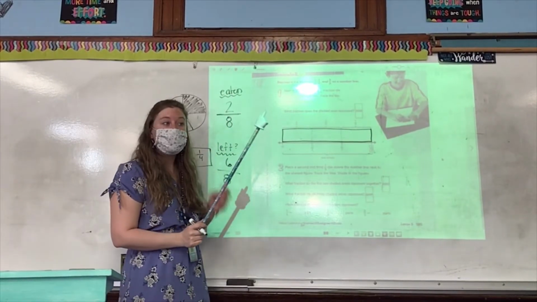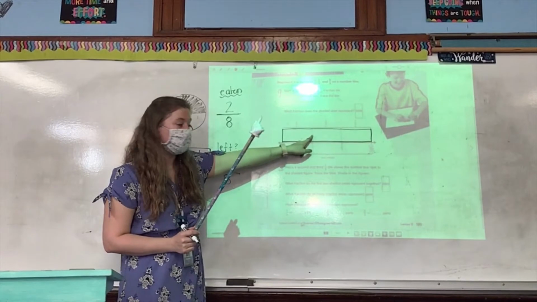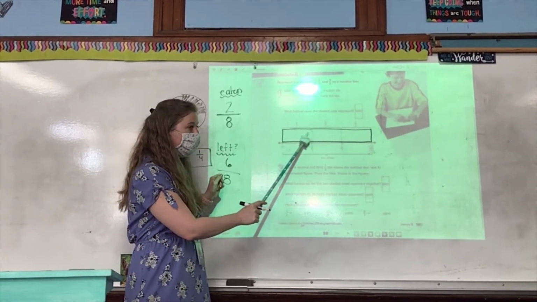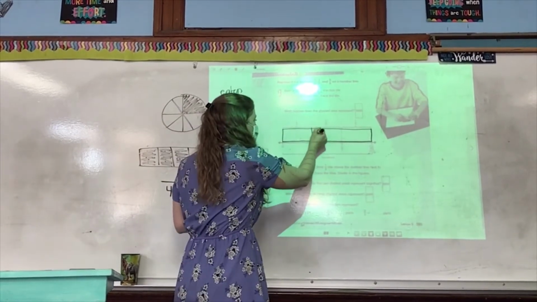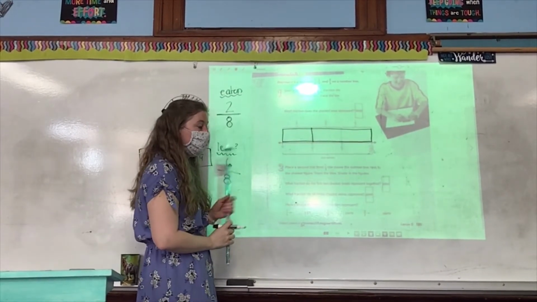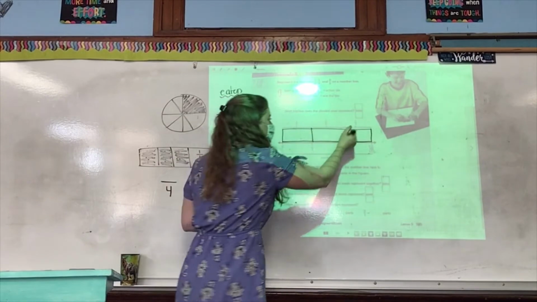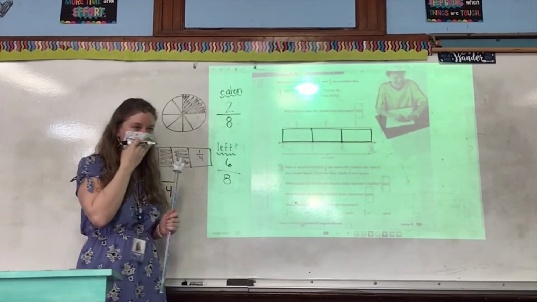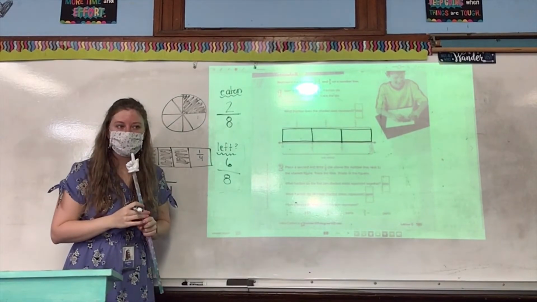Let's count how many pieces it's broken into. That means we're counting between each dotted line. 1, 2, 3. How many pieces is my fraction bar broken into?